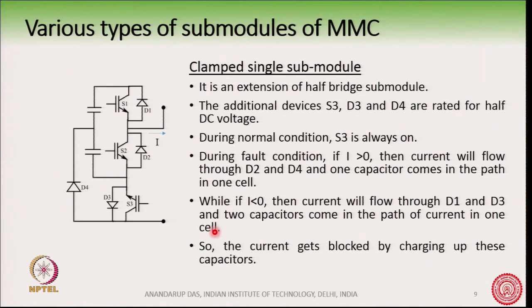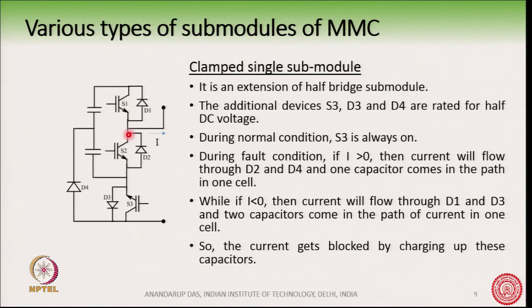Now, note that this current will flow here, so that this diode is reverse biased, because this point potential is half VDC and this is 0. So, this is reverse biased. But what happens at fault condition?